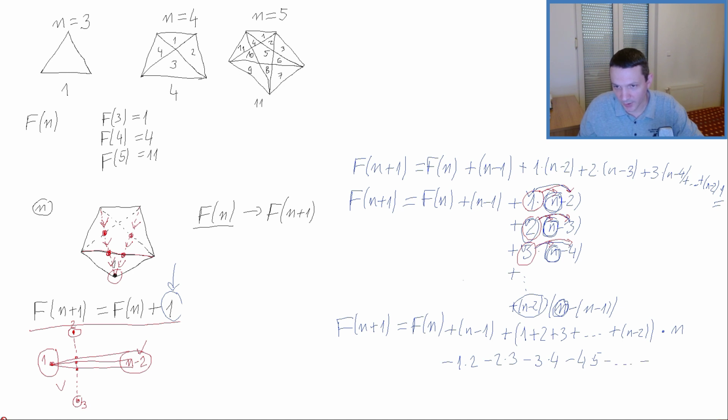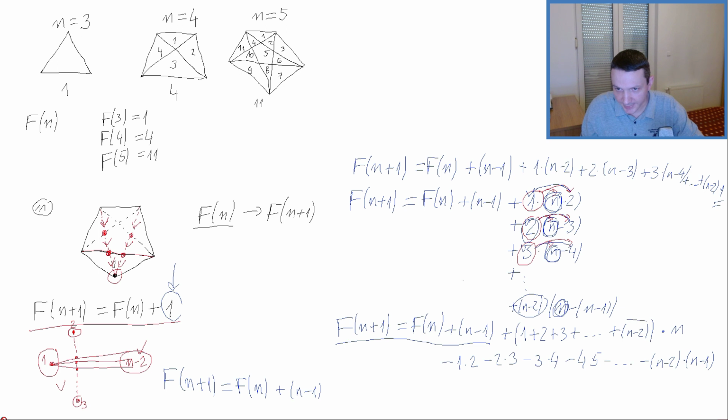The last one will be n minus 2 times n minus 1. So what I obtain here is finally this formula, f of n plus 1 equals f of n plus n minus 1. This is this first part.